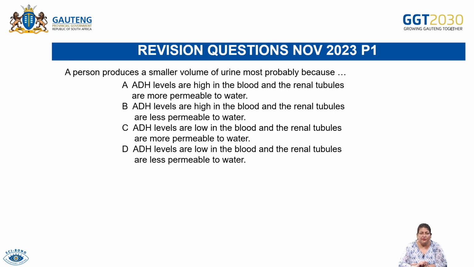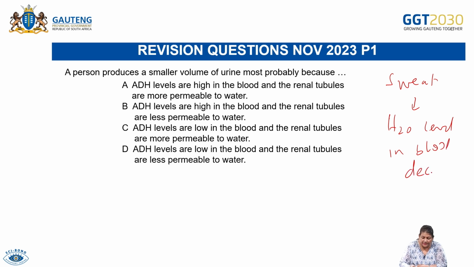Now children, remember what I said earlier, that your water balance must be kept constant in the blood. Now sometimes on a hot day, what happens? You perspire, you sweat. When you're sweating, what happens? Your water level in the blood, you have to say in the blood, will decrease. Okay, it drops.